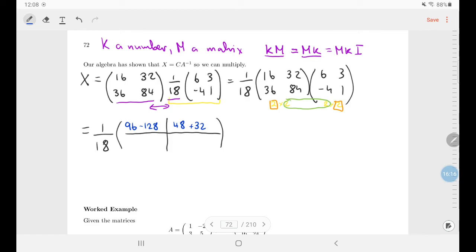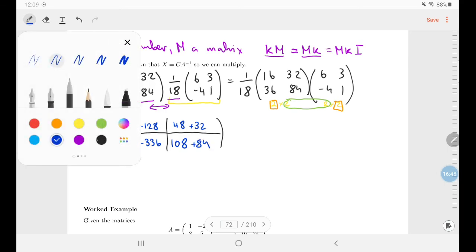Then we have 36 by 6, which is 216, plus 84 by -4. What would that be? That'd be minus 332 or something. Let me just check that, 84 by 4, 336, close. Then the next one, 36 by 3 is 108, plus 84 by 1 is plus 84.